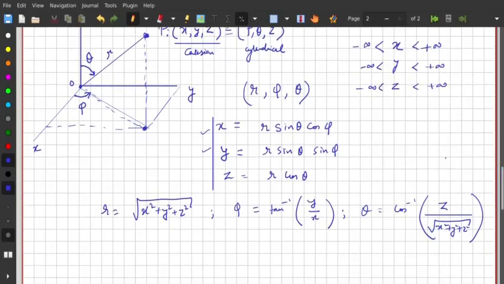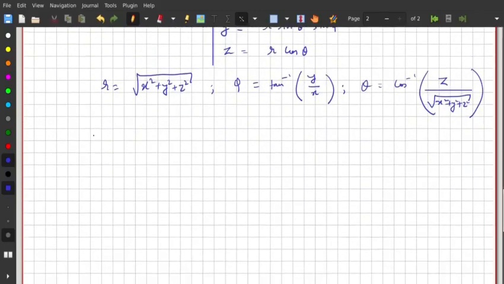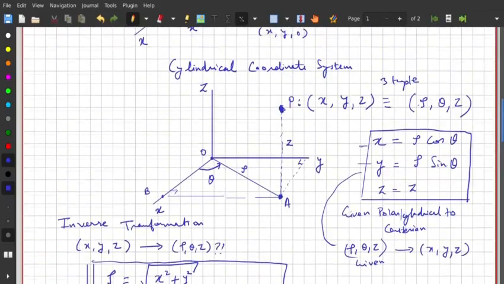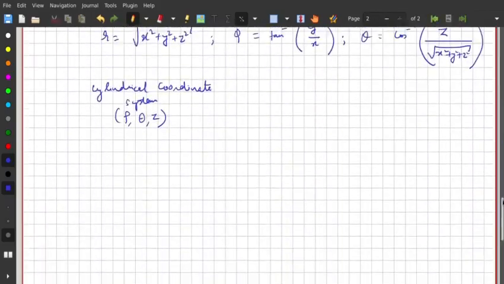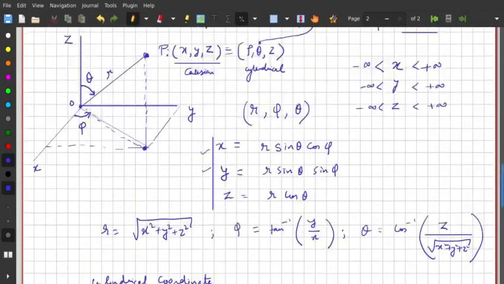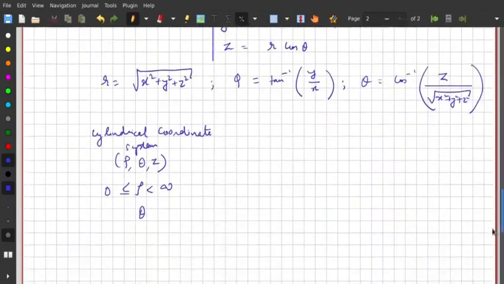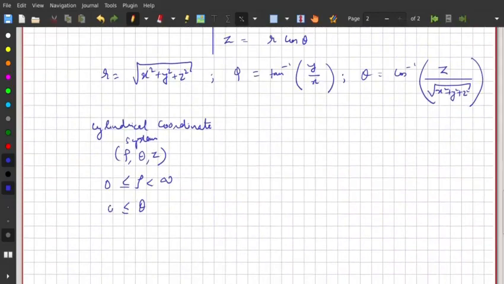For the cylindrical coordinate system, it is given by rho, theta and z, and rho goes from 0 to infinity, theta is the azimuth, and that goes from 0 to 2 pi.